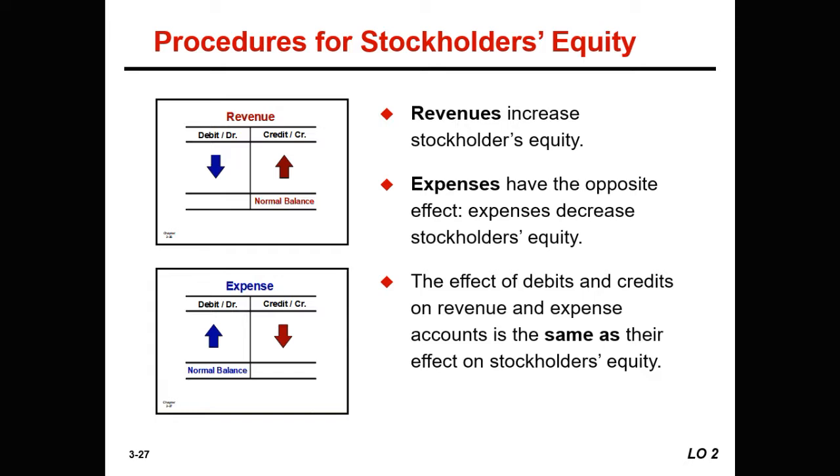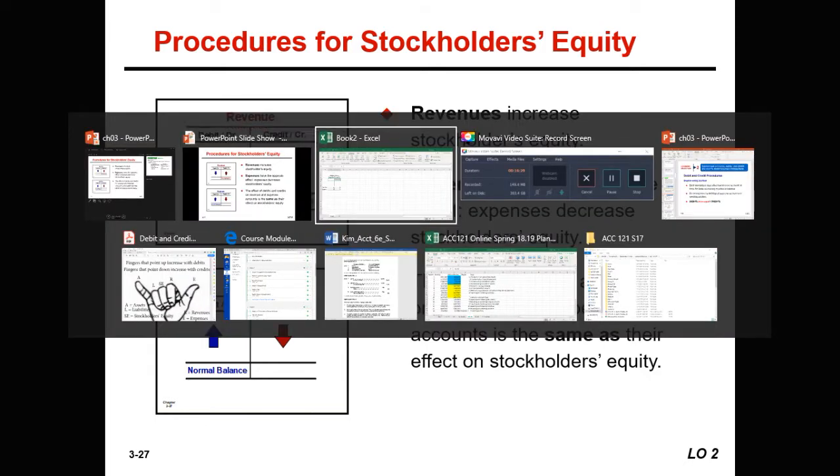Now, there is one little cheat sheet way that I can show you to remember what is a normal balance for what type of account: an asset, a liability, a stockholder's equity, a revenue, or an expense. And I'm going to pull that up right now.